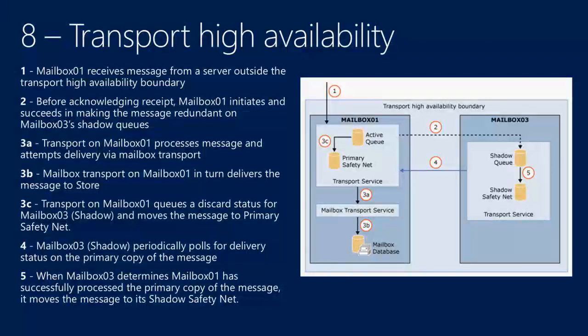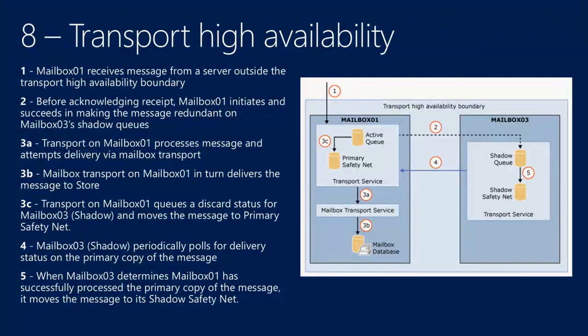You're up. In a scenario where you have a coexistence between 2013 and 2010, is it not necessary to have a 2010 CAS to receive proxy requests from the 2013 CAS, since the 2010 is the RPC endpoint? Yes, you're not deprecating 2010 CAS, 2010 Hub Transport, 2010 Unified Messaging until your last 2010 mailbox server is removed.